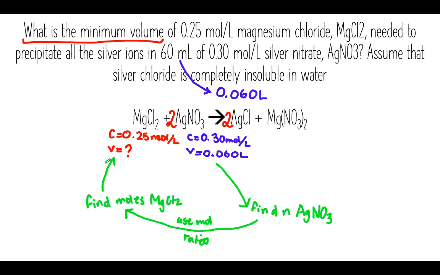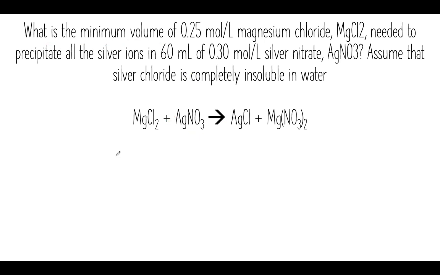So that's sort of my plan. First, use my concentration and volume to find the moles of AgNO3. Then use my mole ratio to find the moles of MgCl2. Then use the concentration that I'm given in the question and the moles that we just found to solve for the volume. So let's see what that looks like when we actually do our question.